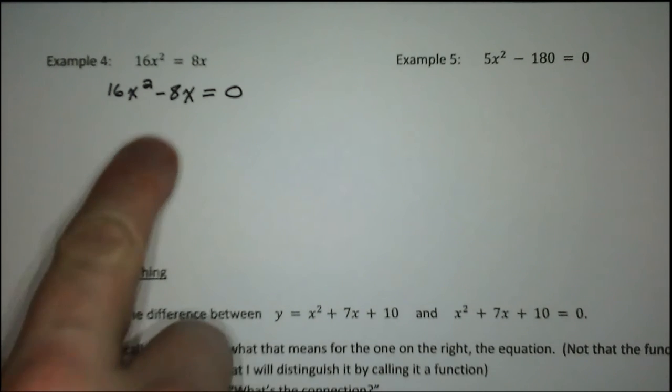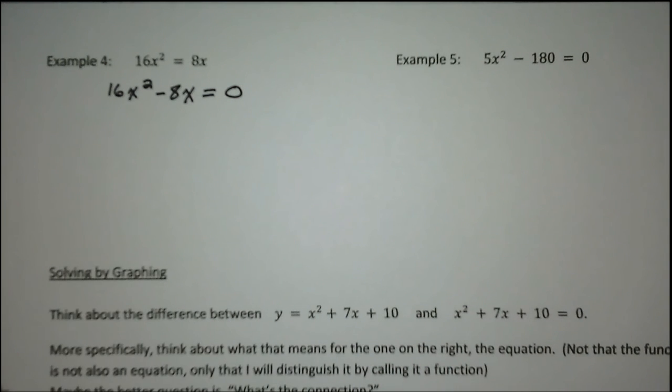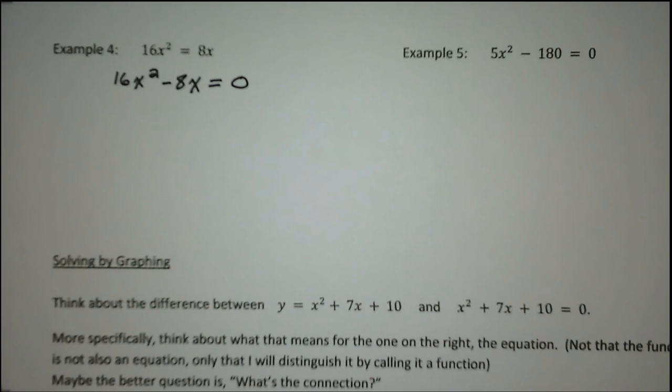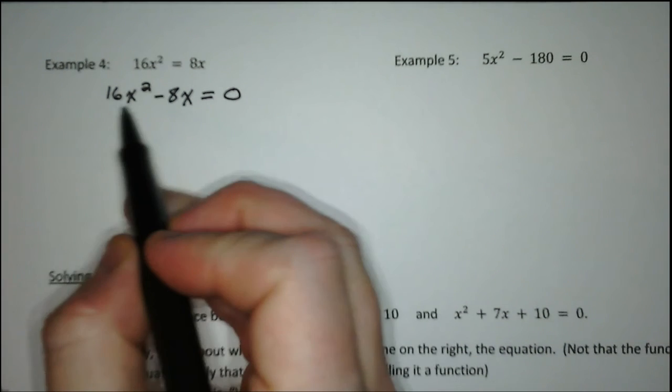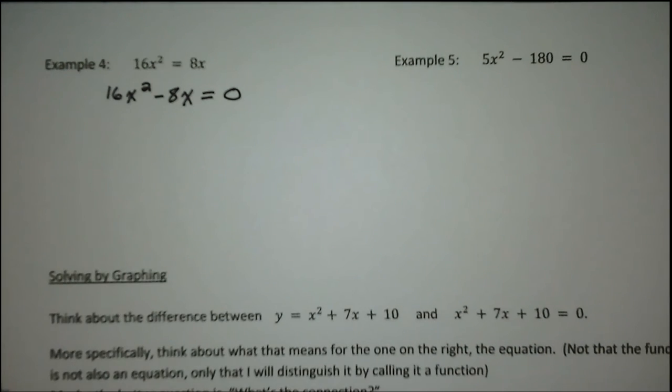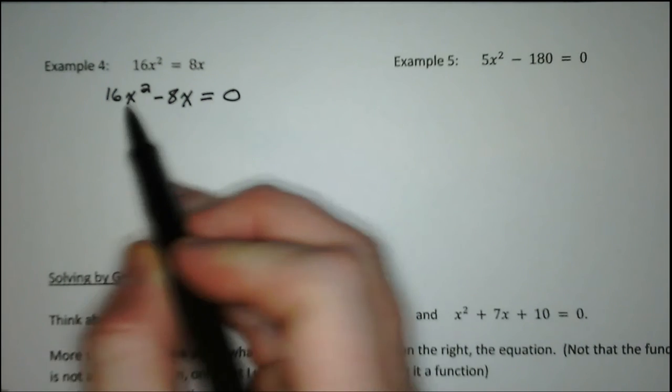Okay? And now we look at this, and our strategy is to, once it's equal to 0, what is our strategy to do? To factor. So how the heck are we going to factor that? What's the first method of factoring we always have to try? That's right. GCF.